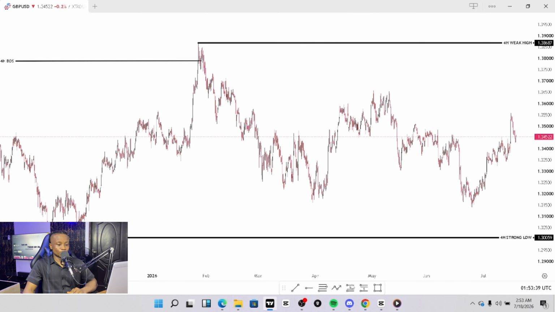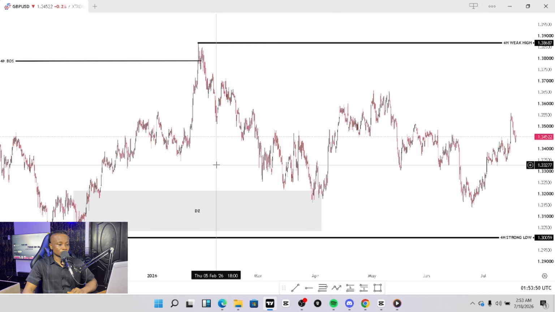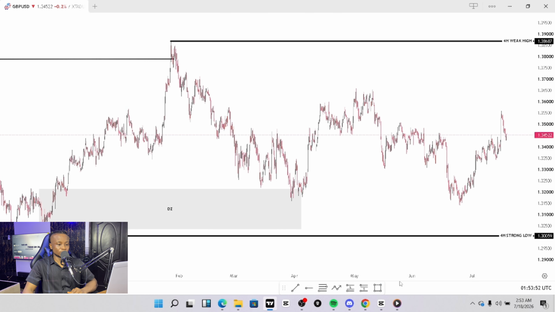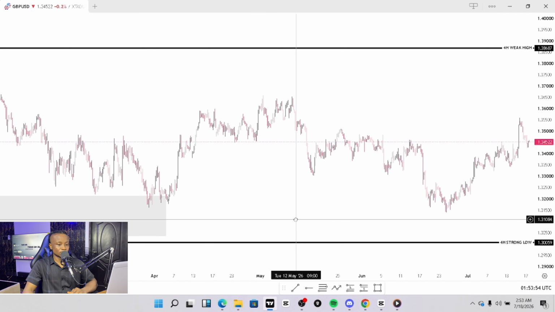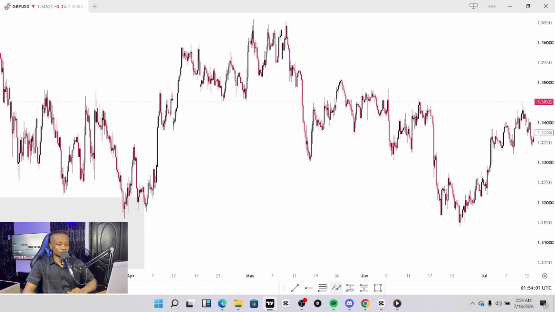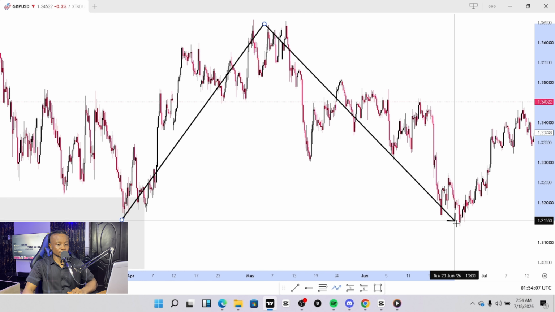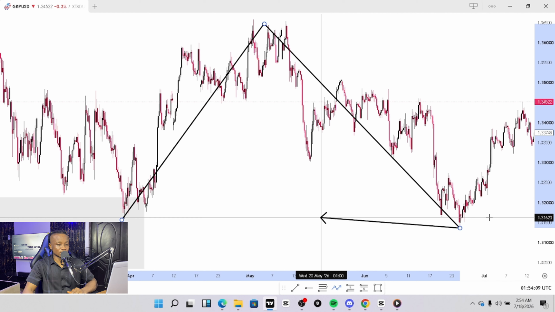So now let us see what the substructure is doing on GBPUSD. Before we proceed, I will mark here to be our demand zone. So this is our demand zone, and if we zoom this chart a little bit more, you can see that GBPUSD substructure is bearish. After this pullback, it went on to break structure to the downside.